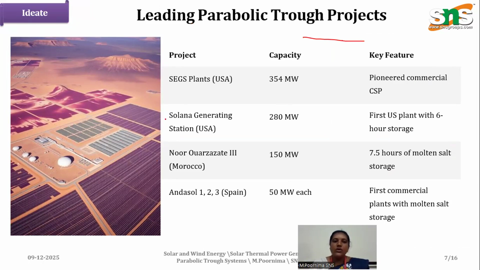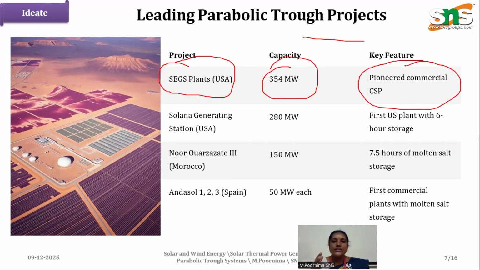Now coming to another part, a small analysis of projects. We have the SEGS plants in the USA, with a capacity of 354 megawatts, whose key feature is pioneering commercial concentrated solar power.